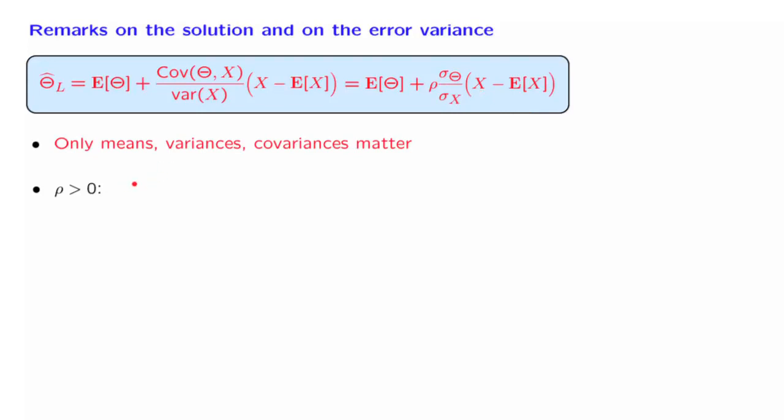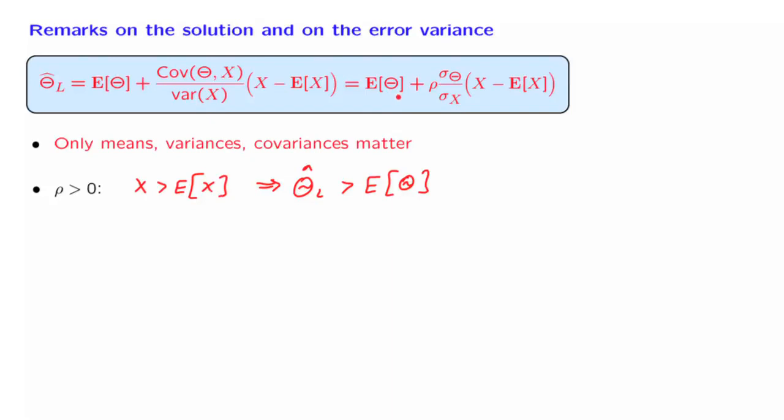In particular, if it happens that we see an observation that's larger than expected, in that case, our estimate is going to be above the expected value of theta. So we start with our baseline estimate, but if we get a big observation, then our estimate will also be large. And conversely, if x happened to be on the lower side, below the expected value, then our estimate would also be below the expected value of theta.